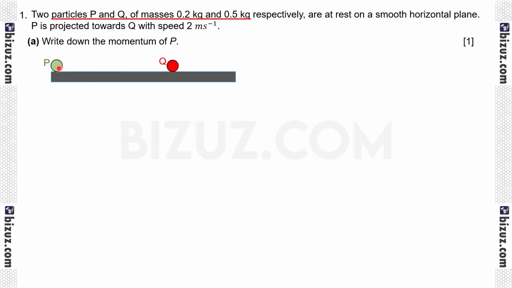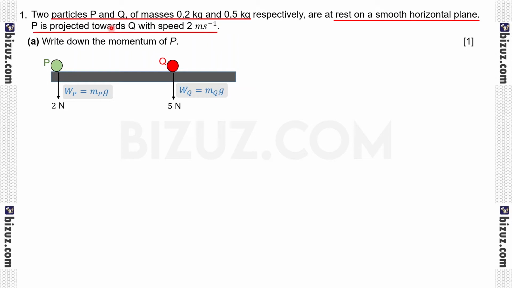So the mass of P is 0.2 kg, therefore its weight is 2 newtons since W equals mg. Similarly, the mass of Q is 0.5 kg, so its weight is 5 newtons since W equals mg. Now they are at rest on a smooth horizontal plane, so initially their velocity is 0.